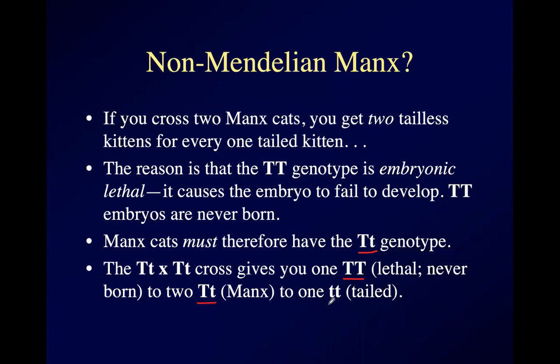And 1 out of the 4 will have the genotype little t, and those will be Manx cats, except they will have tails. So that's one more thing that can distort results, if you have alleles that are embryonic lethals. It's a good thing Mendel did not see any examples of this.